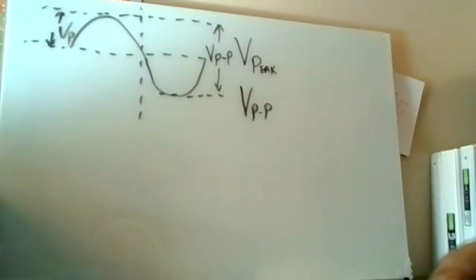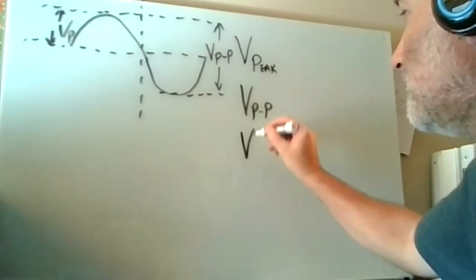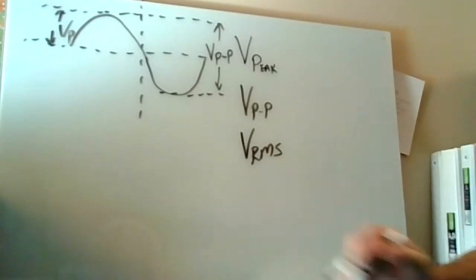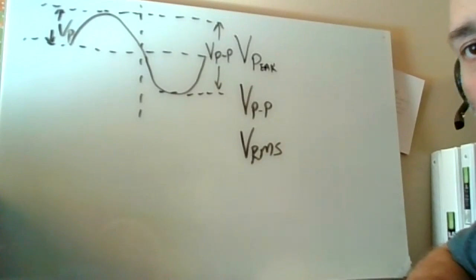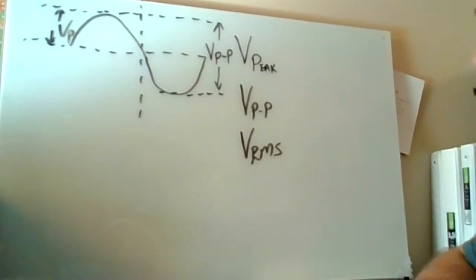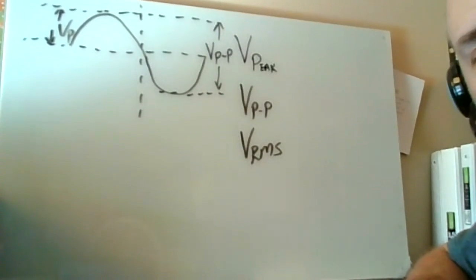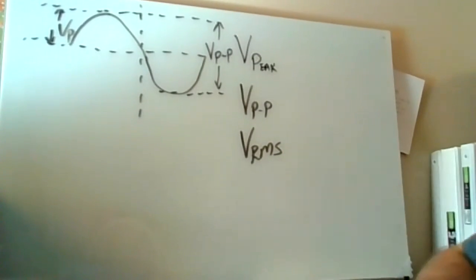I can also have what we call VRMS. RMS just means root mean squared. That's your DC equivalent. So when we measure our voltages with our voltmeter in the lab, the voltage we are measuring is VRMS.